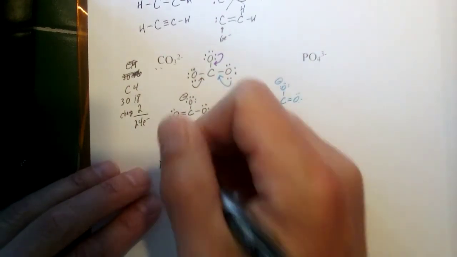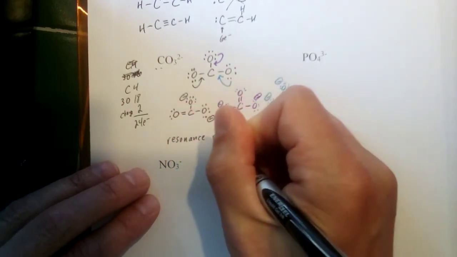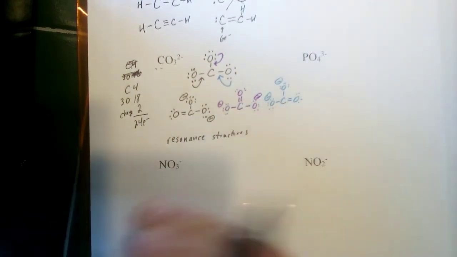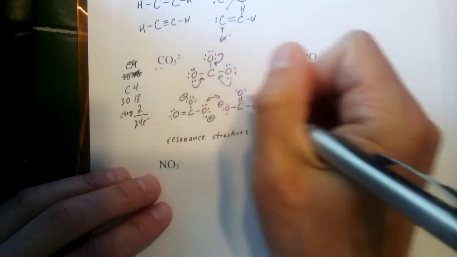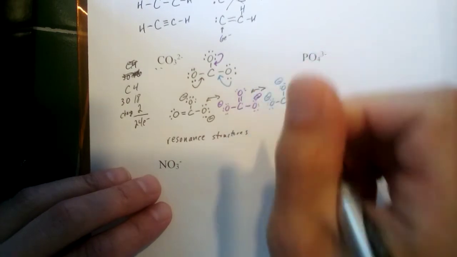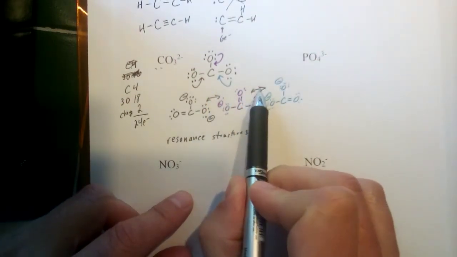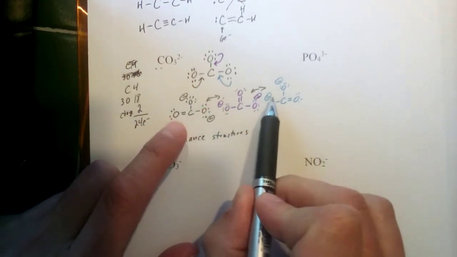These three structures are what are called resonance structures, or resonance forms sometimes. And that means none of those three structures is exactly what this molecule looks like. This molecule is actually some combination of what is shown in all of these structures. And what I've added in there are what are called resonance arrows. It's a two-headed arrow that is kind of pointing between the different structures.